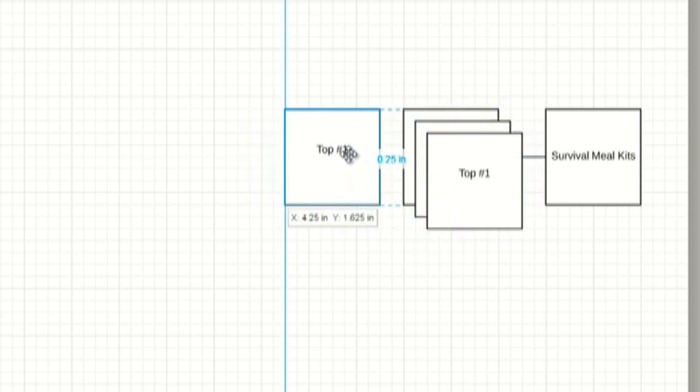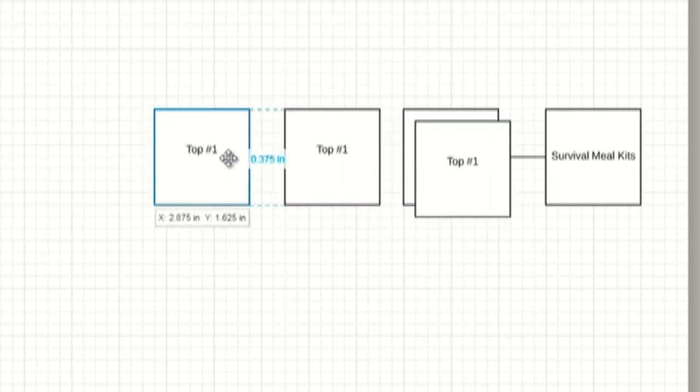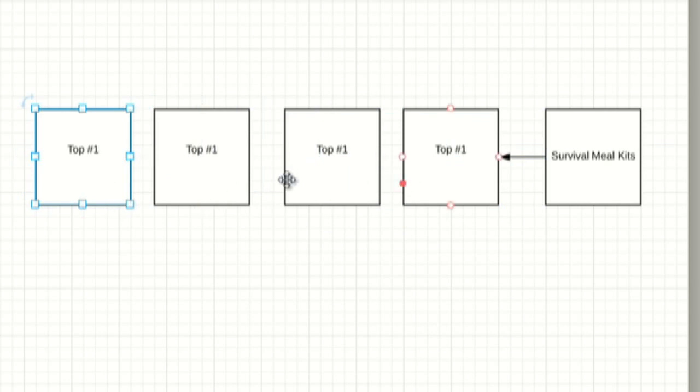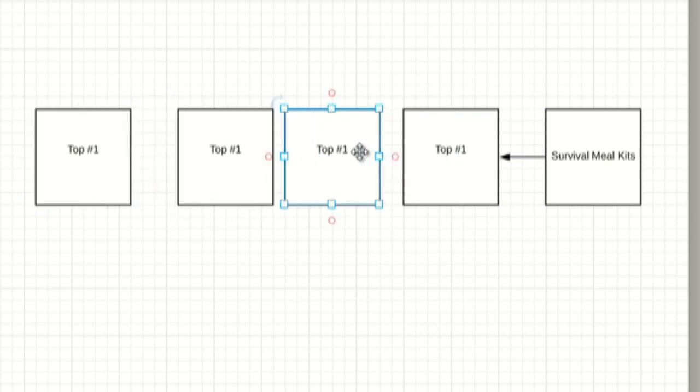And then this can be 2, 3, 4, and 5. So we can work that in here. 2, 3, 4. So let's just do 4 just because the screen's big enough.